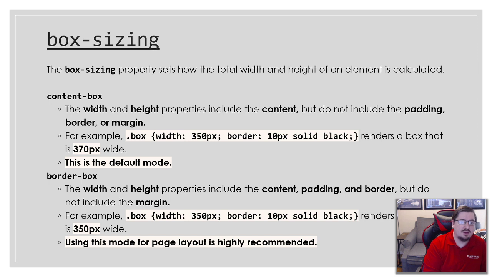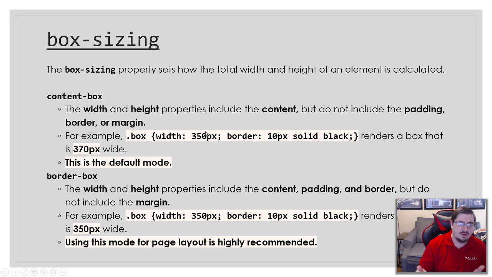So, for example, if we're looking at an element here, we've got a box class, and we say, well, let's set the width of it to 350 pixels. Let's set the border to be 10 pixels thick, okay? So I would expect that the element is 350 pixels wide.